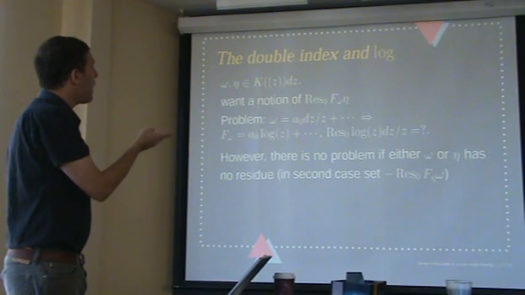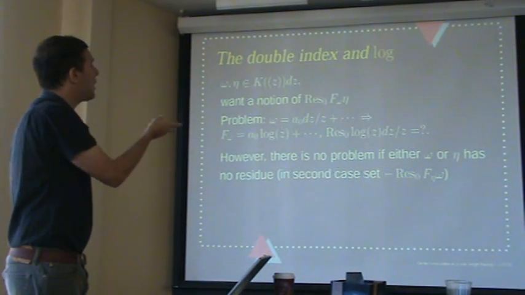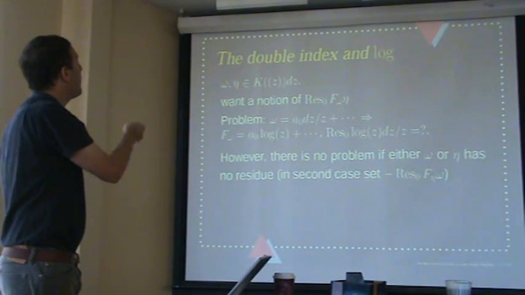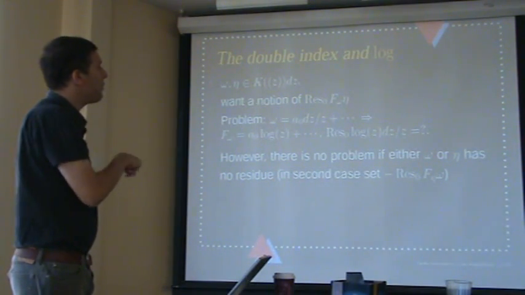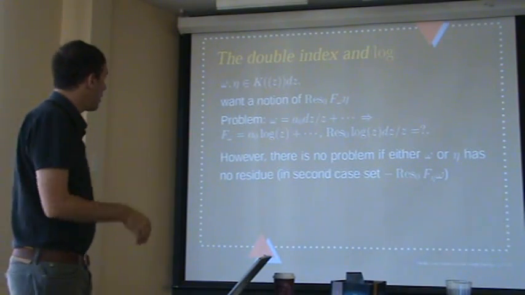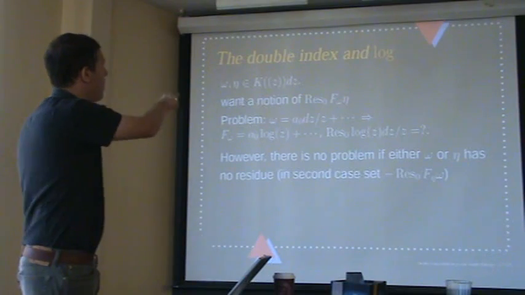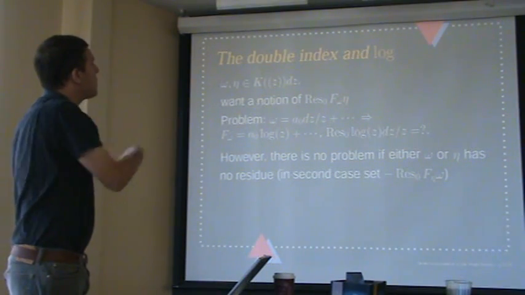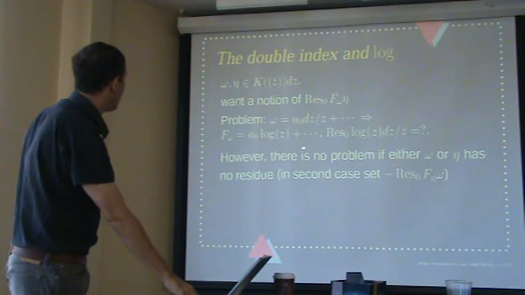So in the second case, let's say that eta did not have a residue. I could just define the residue of f omega times eta to be minus the residue of f eta times omega. That's still reasonable, but you're still faced with this situation of log z dz over z, where you don't know immediately what to do.